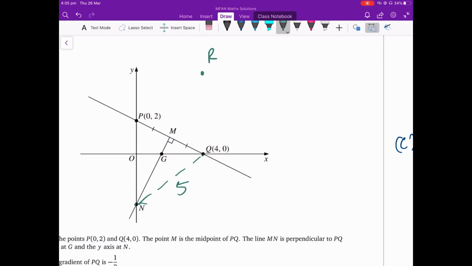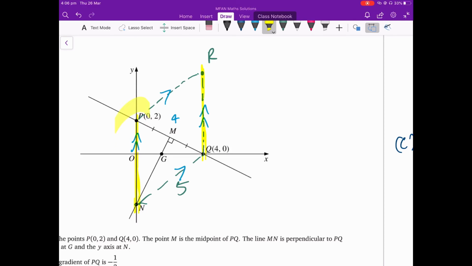A rhombus will have opposite sides parallel. Okay, so that means that this would be parallel with this, and this side would be parallel with this side. So this side here would be the exact same length as this one here.